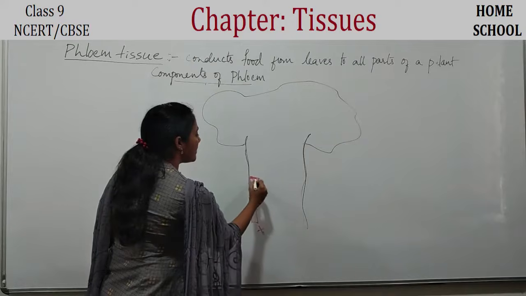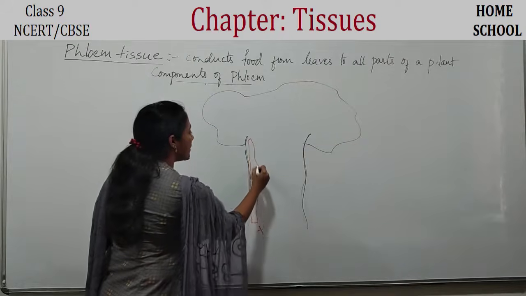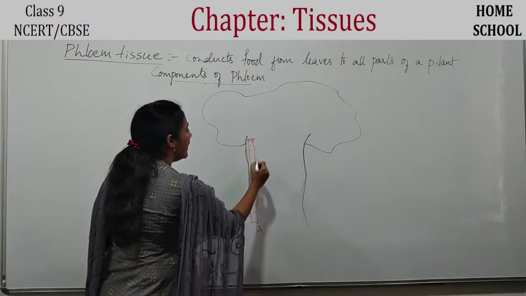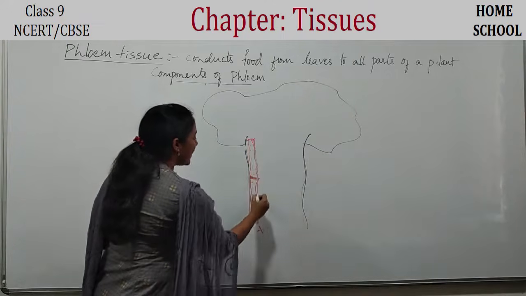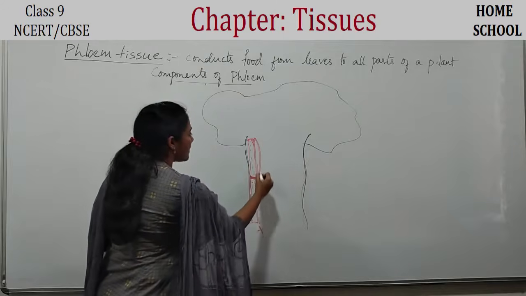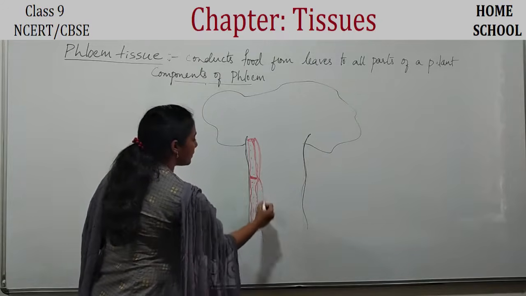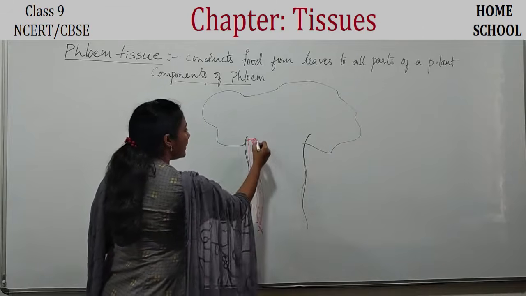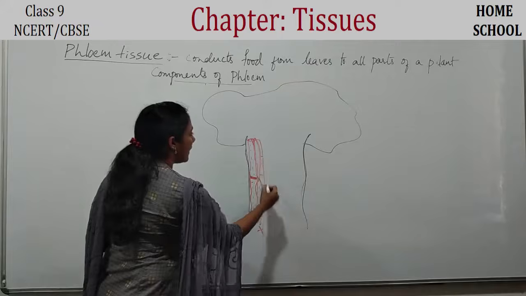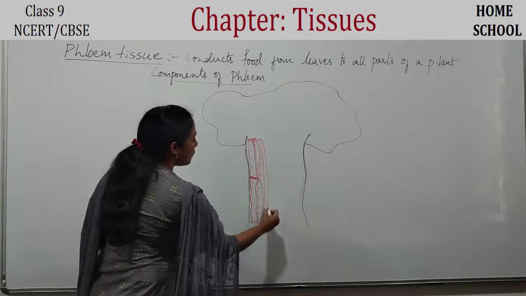Okay, which has pits, and this is another xylem vessel. This is another xylem vessel. Okay, and after that, imagine tracheids are present. So this is a tracheid. This is the xylem tracheids. Okay, and this is xylem parenchyma. This is xylem parenchyma and xylem vessel.